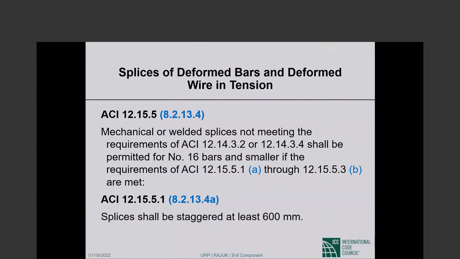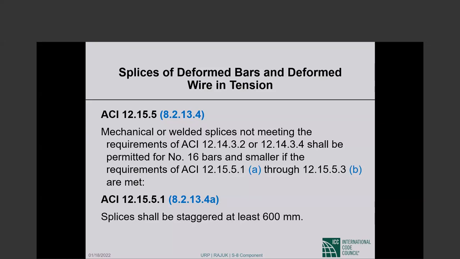Now, less than full mechanical or welded, that is 12.15.5. Mechanical or welded splices not meeting the requirements of those two sections, full mechanical or welded, shall be permitted, first of all, for smaller bars, number 16 bars and smaller, if three requirements are met, 0.1, 0.2, 0.3.